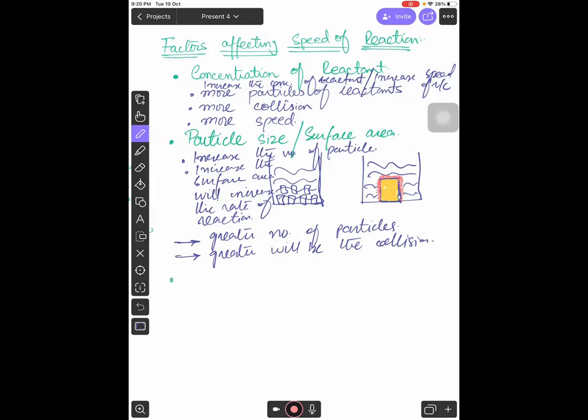Then the next thing, the very important factor is temperature, right, bacho? Temperature is a very important factor. And again, we all see the effect of temperature in our houses as well.